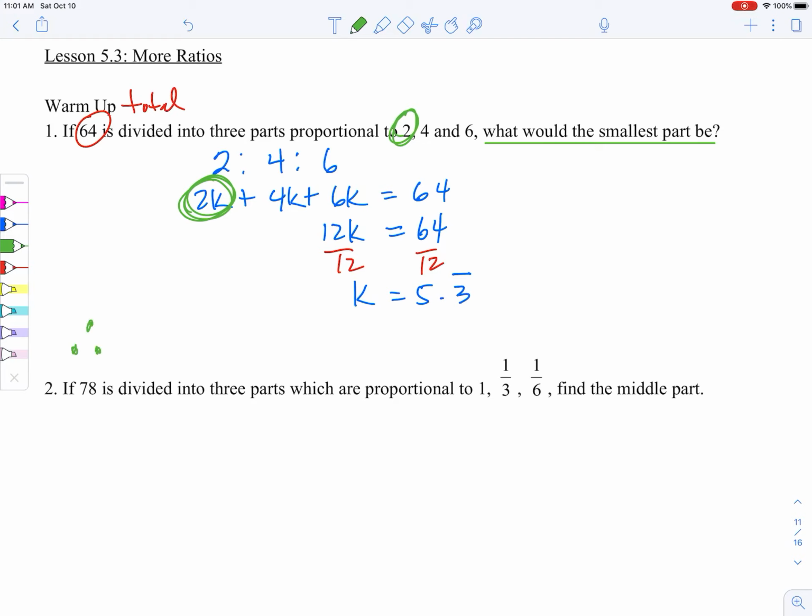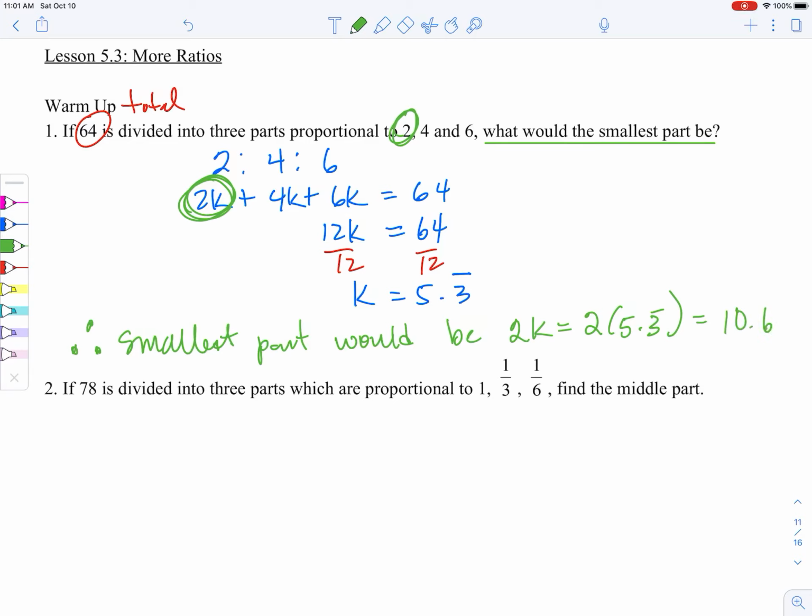So the smallest part would be 2k, which equals 2 times 5.3 repeating, or 10.6 repeating, or 10.67. The smallest part would be 10.67.